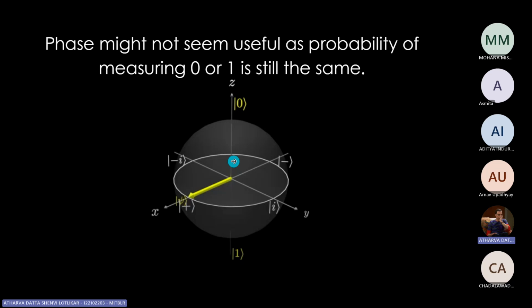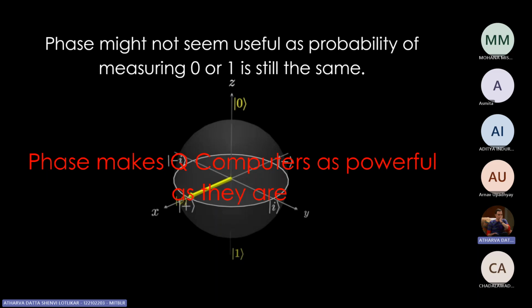Only the phase is going to change. So again, it looks kind of useless at the start, but soon, it is one of the most important parts of quantum computing. It makes it so powerful only because you're dealing with phases here.